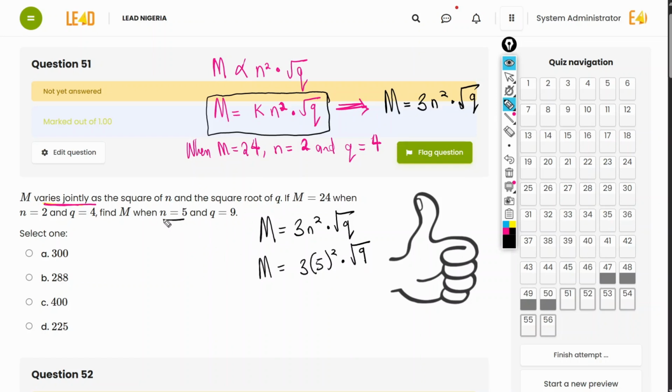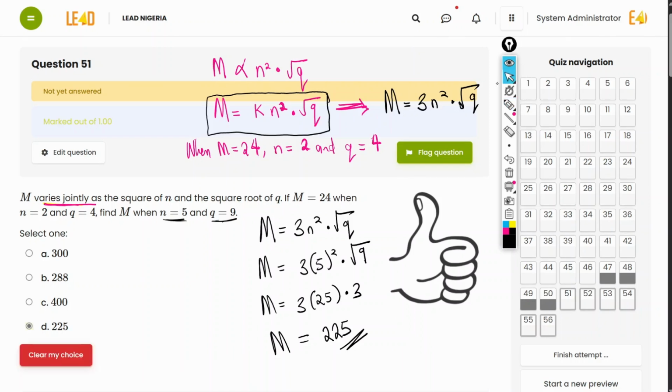I just substituted 5 and 9 in. So m would be 3 times 25 times 3, that will be 9 times 25, which is 225. So m is 225. That's option D.